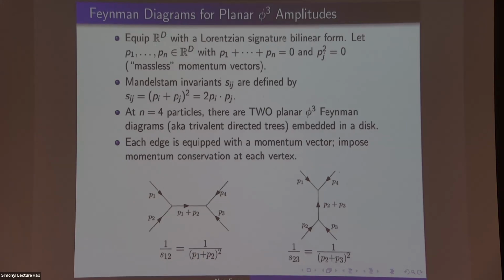Why are there only 2 of these things? Because there is a third one, but the third one does not embed into the disk without a crossing. And why can't I have P1 plus P4 in the middle? Because in this case, it's equal to P1 plus P2 squared. I see, when you reverse the arrow, the square is the same.